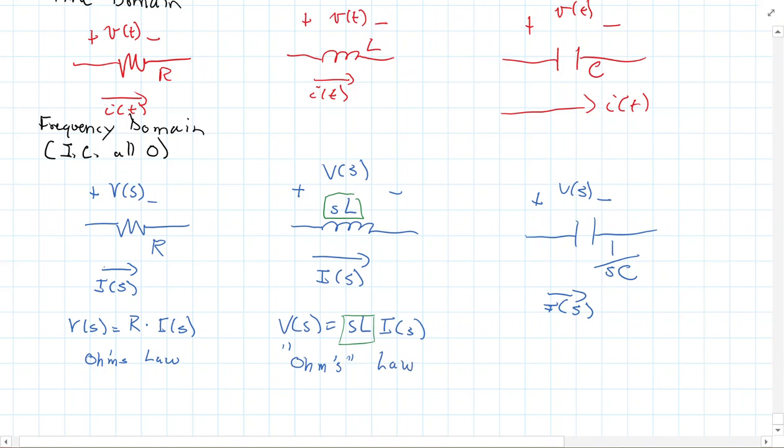And then if we write one more equation down, we could scroll back and see it, but if we write the equation down for the capacitor, we have V at S is equal to 1 over S times C times I at S. Well, again, if we look at it here, I've got this 1 over SC as my capacitance in the frequency domain, and I have the 1 over SC sitting in front there.